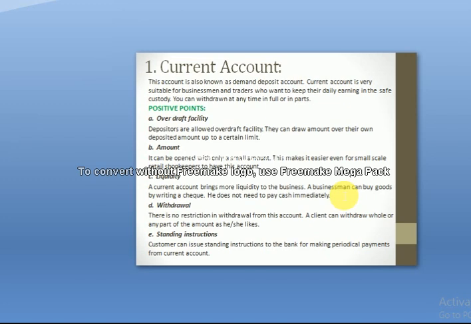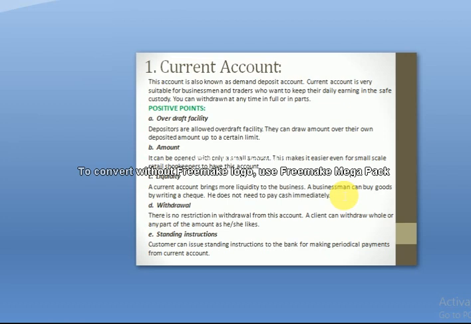Overdraft means that I can withdraw more than my deposits. So this 3 lakh is called the overdraft amount. Clear? So this is called the overdraft facility, and only this facility is provided to current account holders.